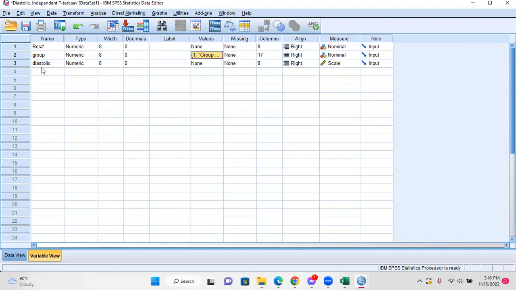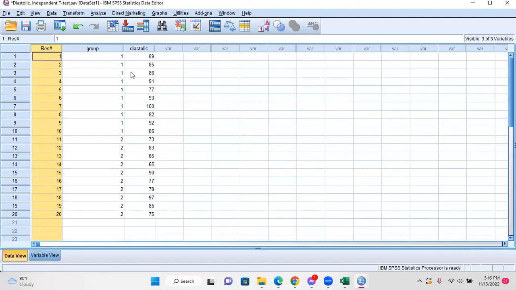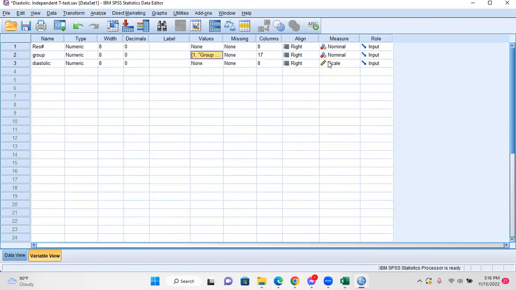And then, itong diastolic, itong mga numbers na yan, ito yung weight, that is scale. Ito yung nominal. And then, ditong label, pwede tayong maglagay ng label dito. Itong diastolic, pwede tayong maglagay ng groupings.